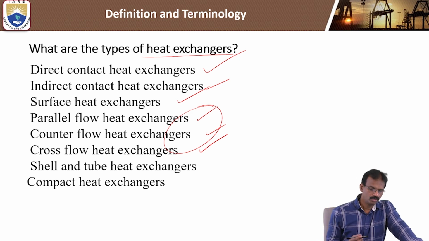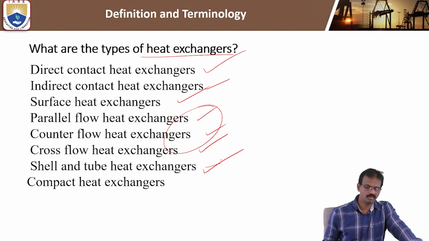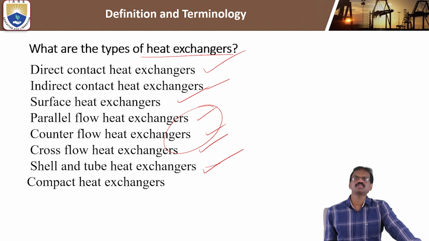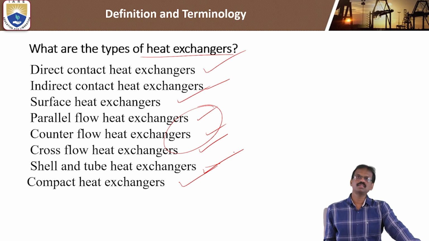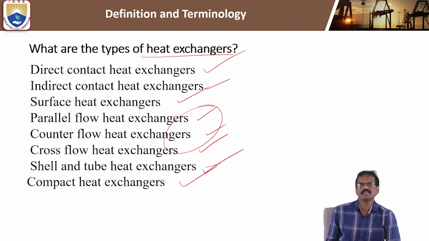The next one is the shell and tube heat exchanger. Here we'll see the phase change also. In all the remaining heat exchangers, we'll see only heat transfer, not any type of phase change. The next one is the compact type heat exchanger. These are specially designed heat exchangers, and we'll see what is the purpose of compact heat exchangers.